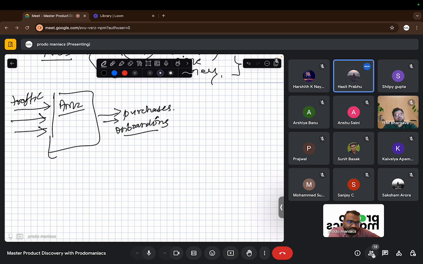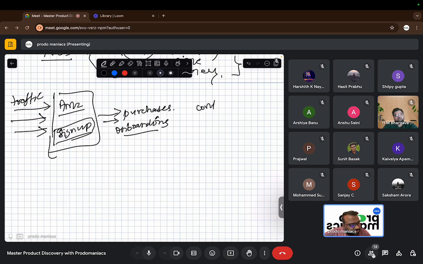It's Hasith. Is it because they could not sign up successfully, so they could not even get into the product and experience it? Exactly. So the sign-ups, this onboarding piece, it is so important because it is the top of your funnel. Lesser you ask, better it is.